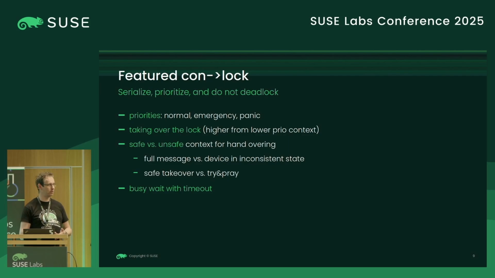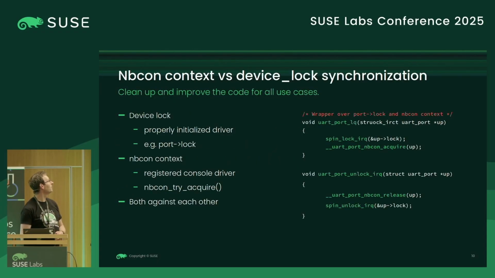So even the emergency or panic context will not succeed in getting the ownership and won't be able to flush the messages the safe way. Just the final flush in panic tries to take the ownership even when it's not safe, and just tries and prays that it will succeed. Yeah. So that's the lock.